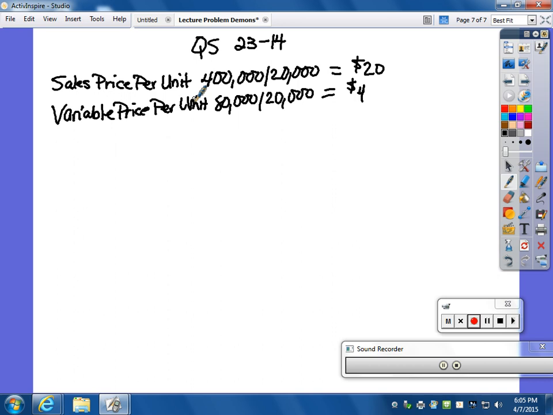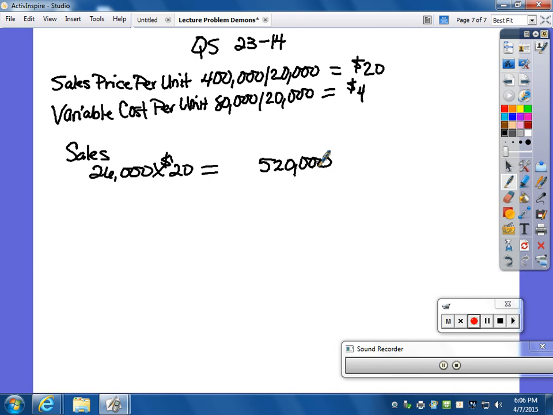what do we do to find the production level? We're going to find the sales level. Find sales first. And how many units are we selling? 26,000. So sales, 26,000 units times what price? $20, which gives us what? 520,000.